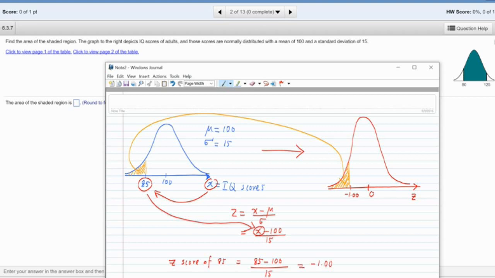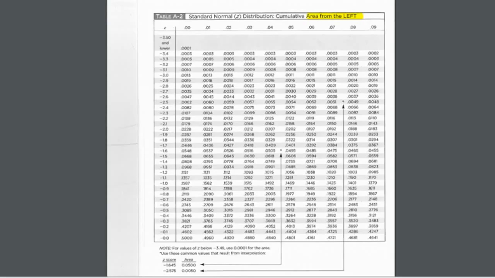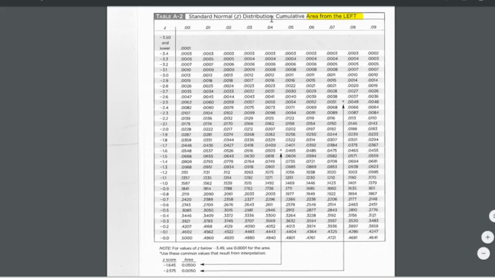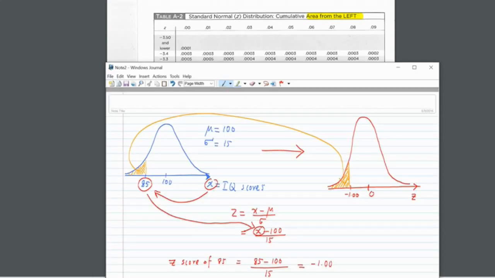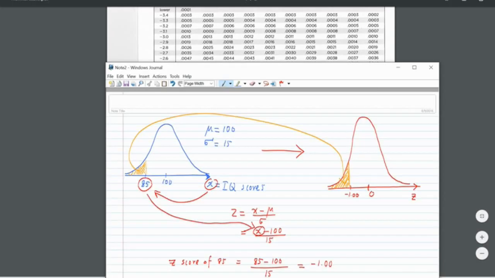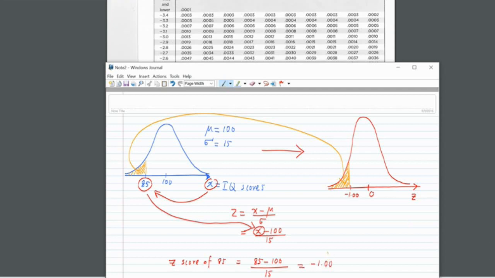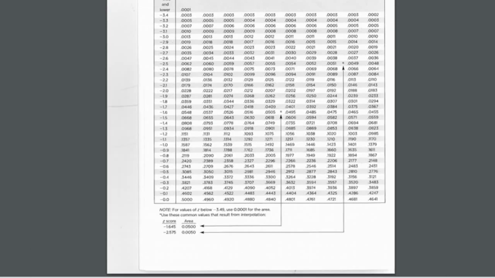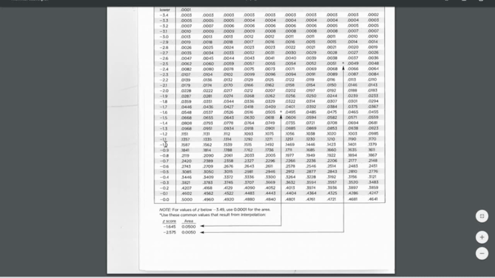We will open the standard normal table. We are trying to find the area to the left of -1, and all these areas given are areas from the left. First we locate the first two digits, as I explained previously: -1.0. It's on the first table, this one.